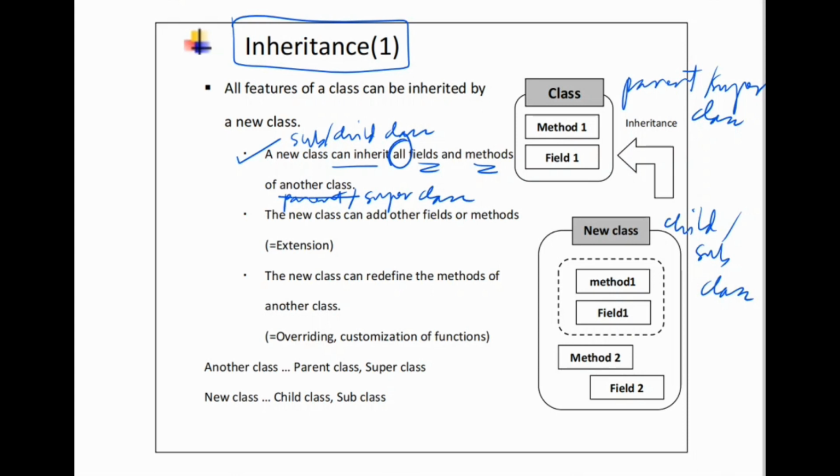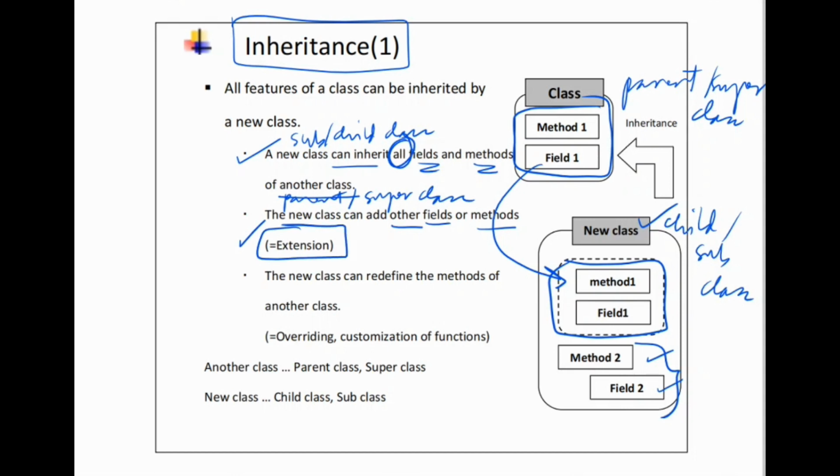And take note that all fields and methods of the parent class are inherited by the new class. And you can add other fields and methods to this new child or subclass. Say we add field 2 and method 2, then we are employing what we call as extension. So this is inheritance with extension.